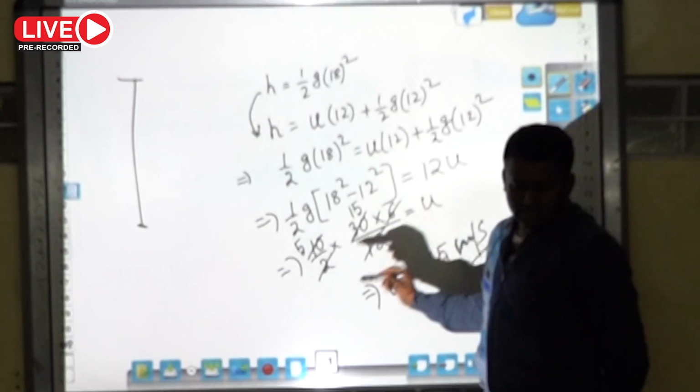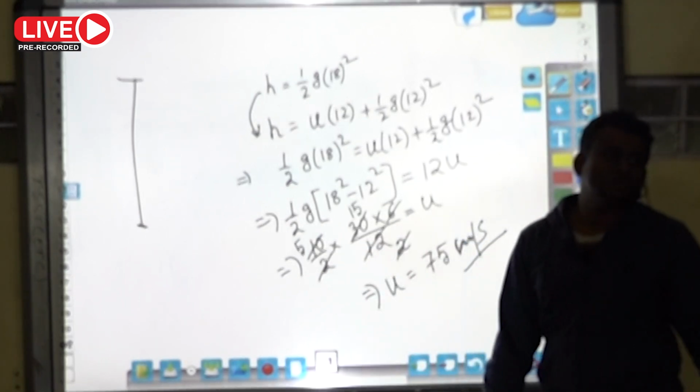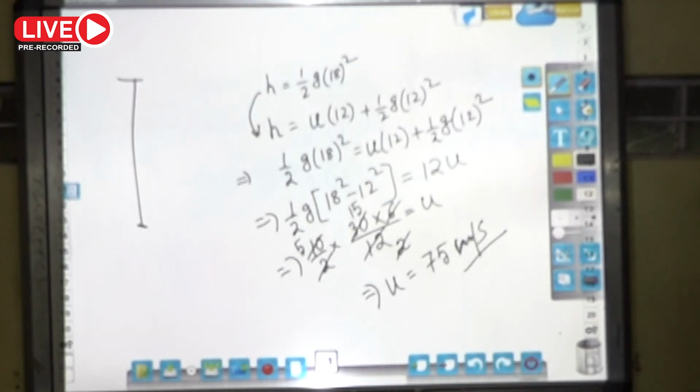Among the options 74 is there, they are using 9.8. If you consider 9.8, then it will be 74, and if you consider g equal to 10, it will be 75, but the value of g is not mentioned.